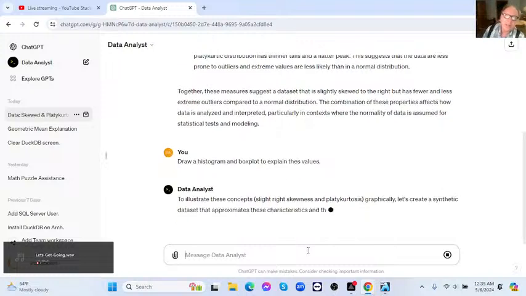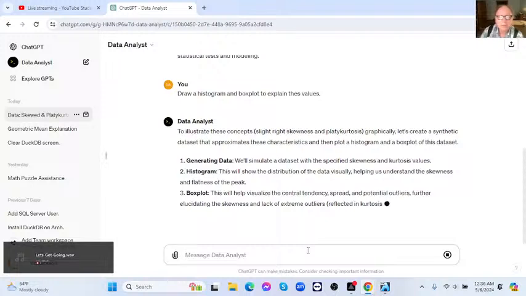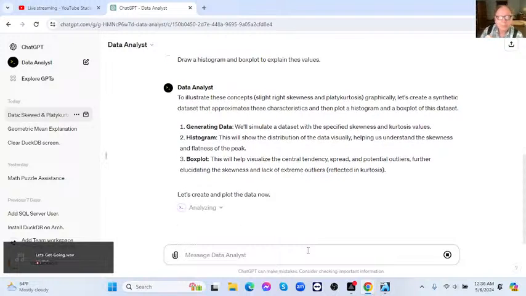Now the advantage again to the GPT Plus is it can in fact draw the plots for us. Unless we get an error.